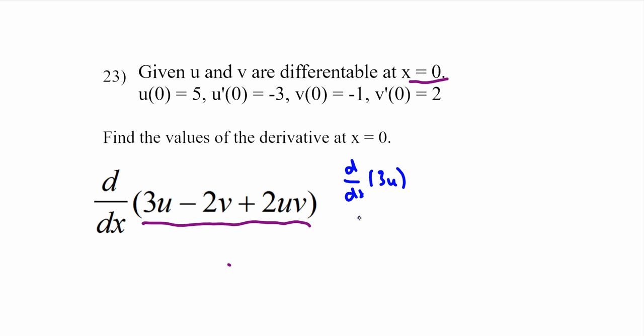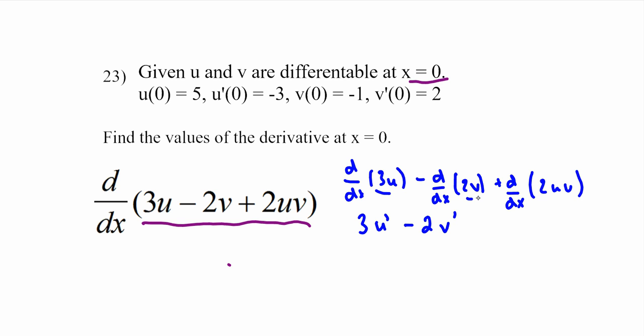This is going to equal 3 times u prime, or the derivative of u, because 3 is just a constant, minus 2 times the derivative of v, which is v prime. And now we're going to take the derivative with respect to x of 2 times u times v. So this means I'm taking the derivative of just this individual function.